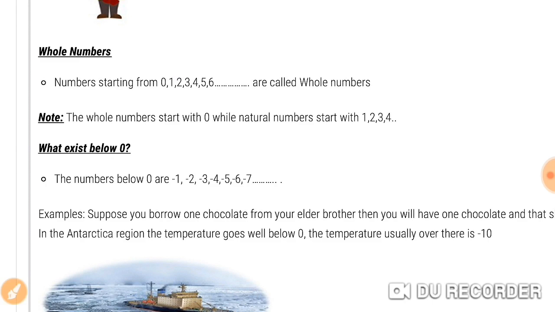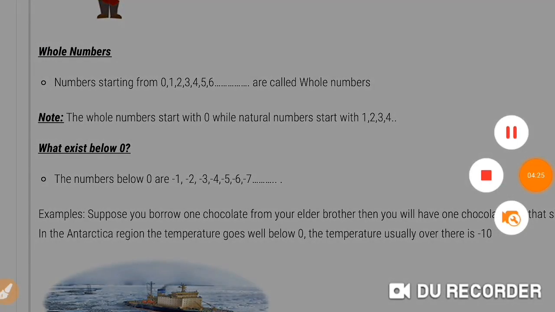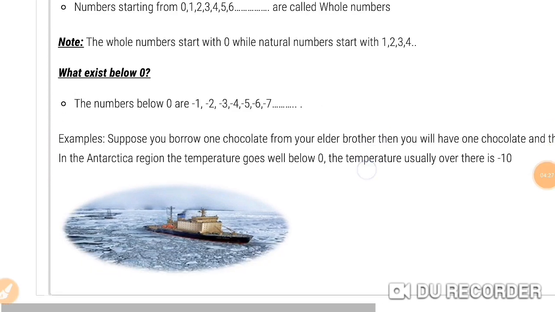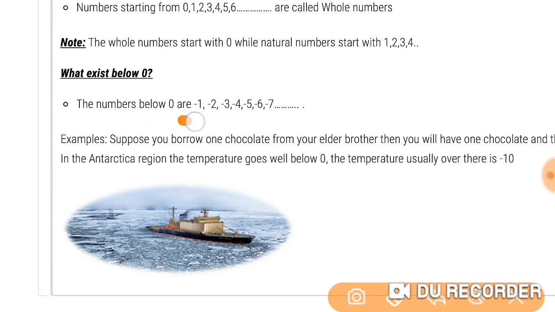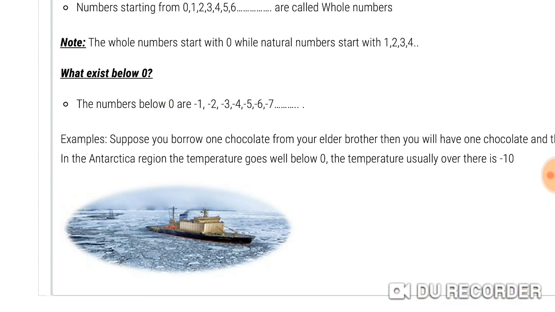What exists below 0 or before 0, those are negative integers. They are also called negative numbers, as we can see here. These are the numbers below 0: -1, -2, -3, -4, -5, -6, -7. How does it come?